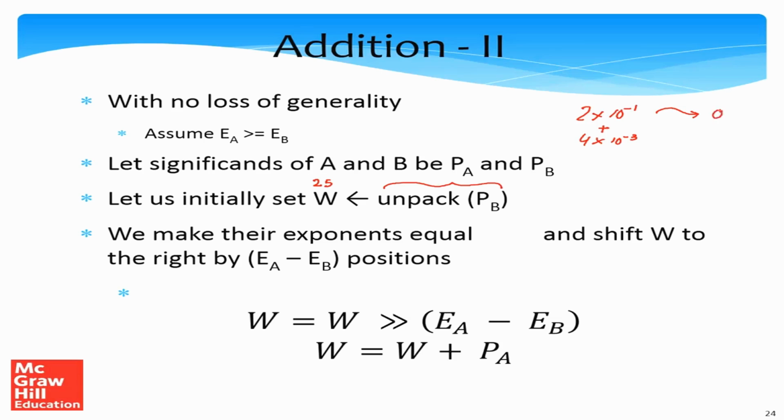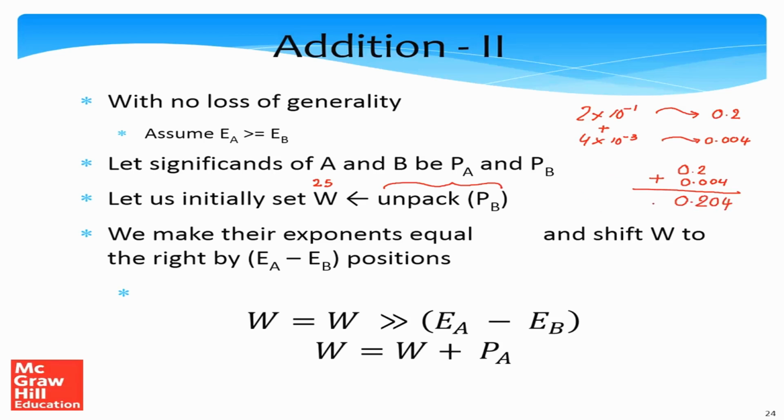So this would be 0.2, this would be 0.004. Subsequently, I will write it in such a way that the decimal points are aligned. Then we will go forward and do the addition.